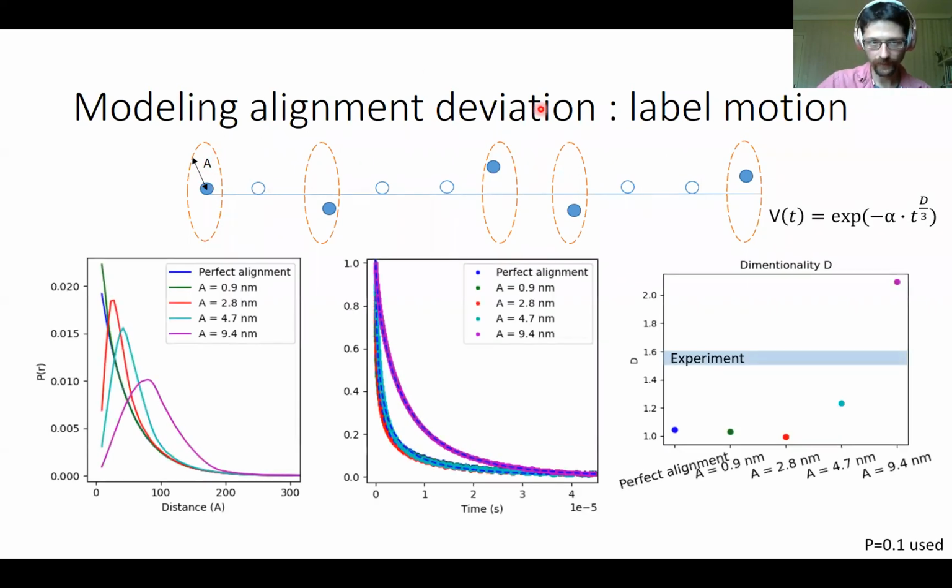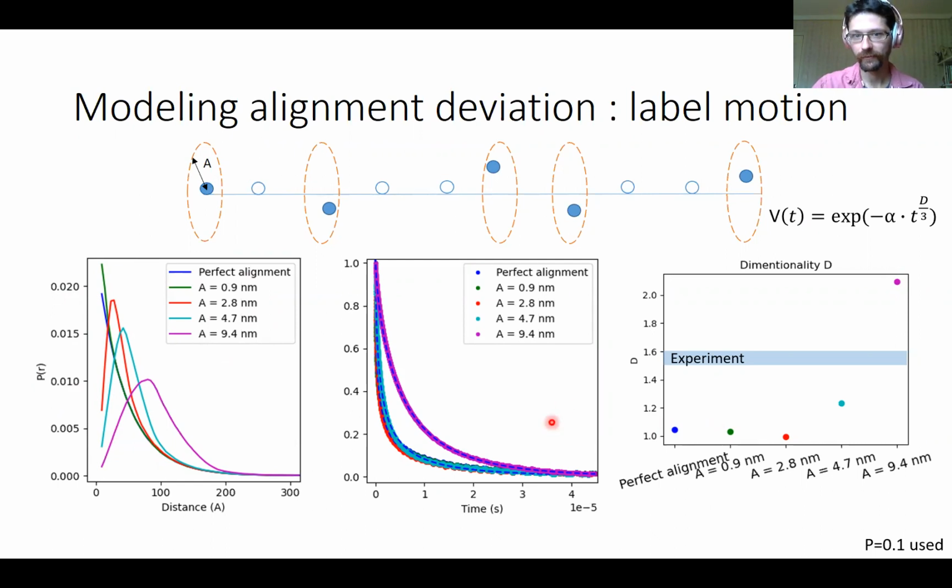So we did all that. We again computed the P of R for perfect alignment and different amplitudes of deviation from this alignment. And you see the P of R is quite drastically influenced.